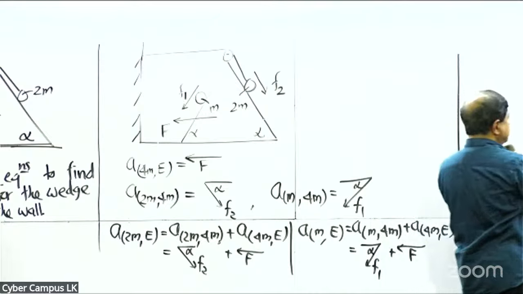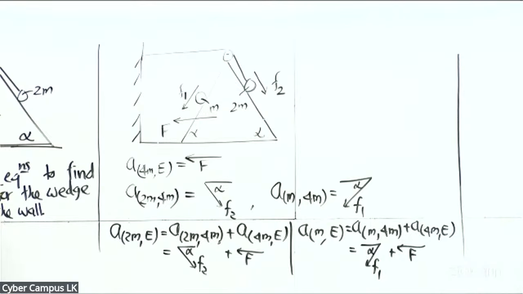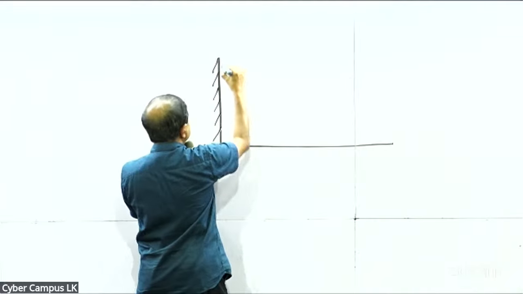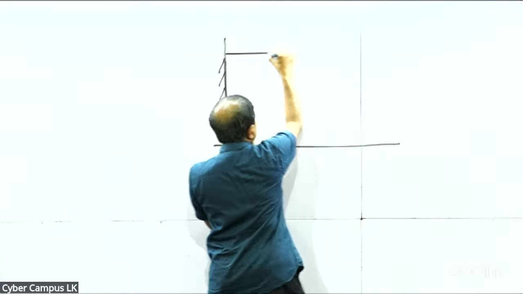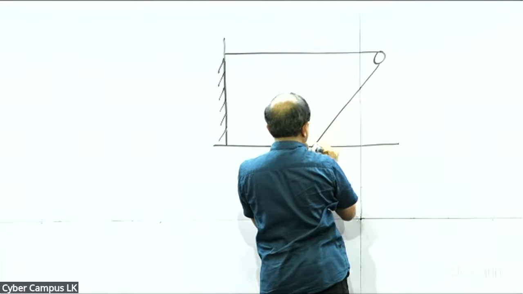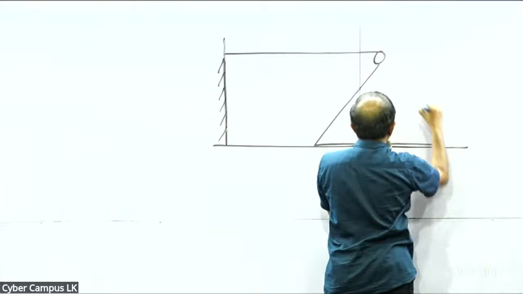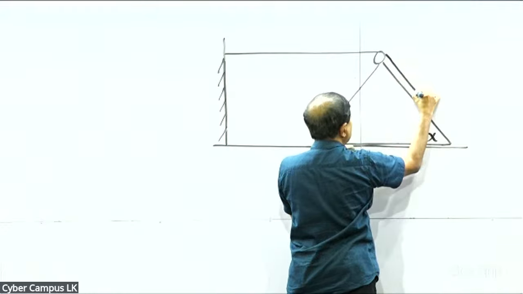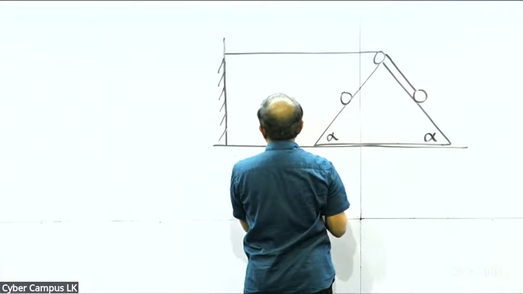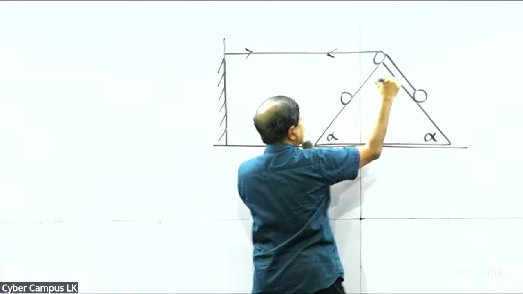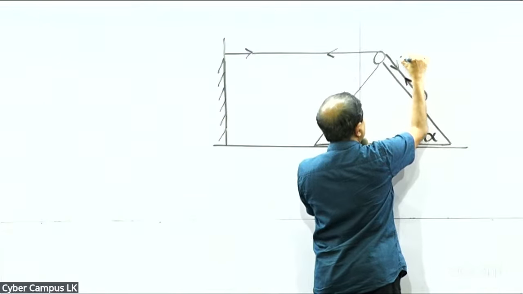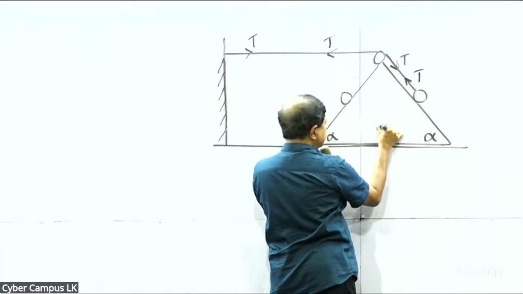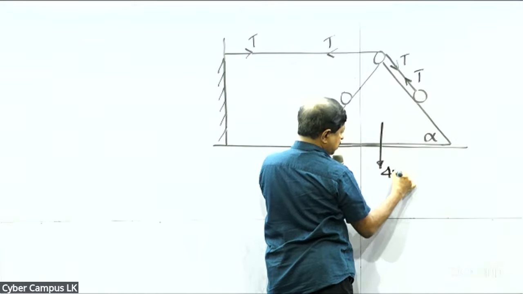Now we'll draw a diagram. I'll draw it here so that I can write the equations around the diagram, but you have to do it just one below the other. Now this is 4mg.